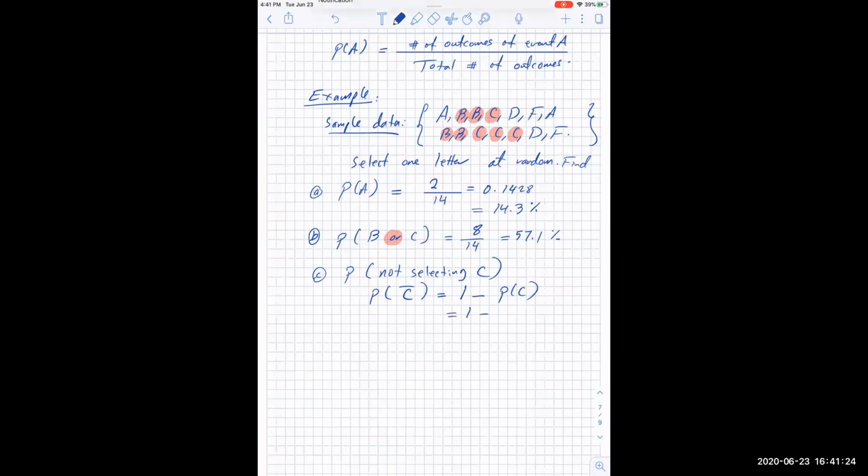How many C's do I have? I have 1, 2, 3, 4. So 4 out of what? 14. 1 minus 4 out of 14, that is 10 out of 14.